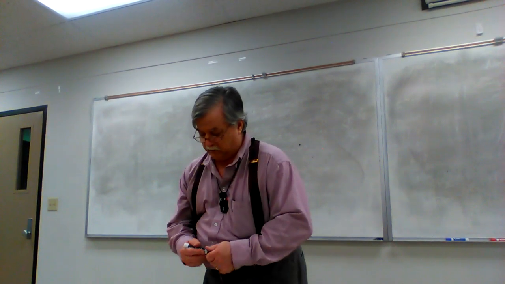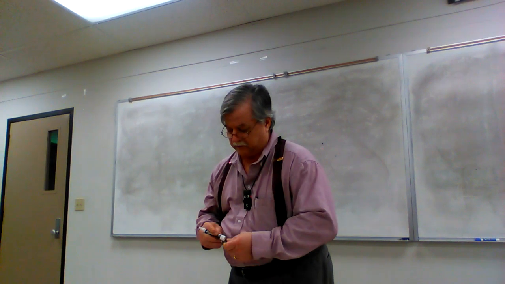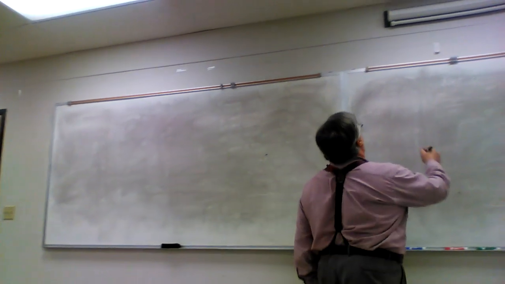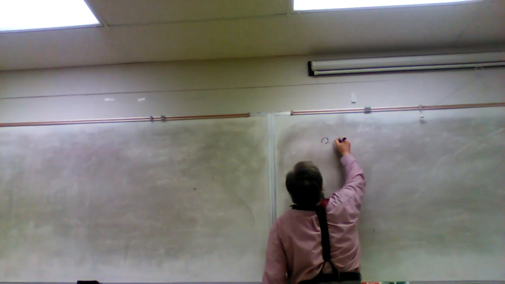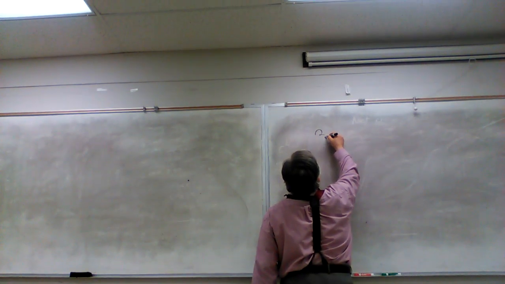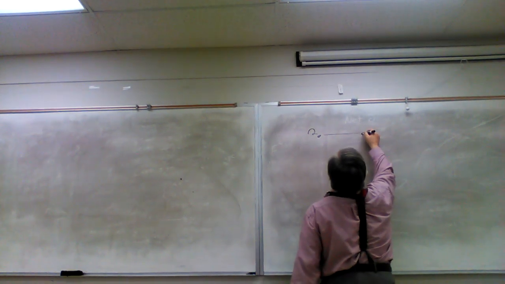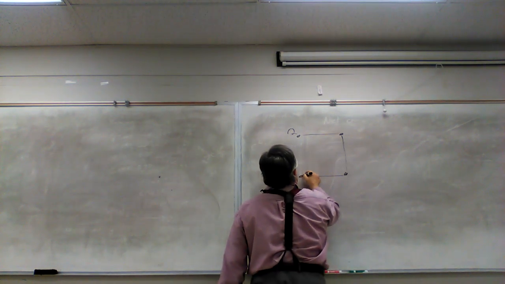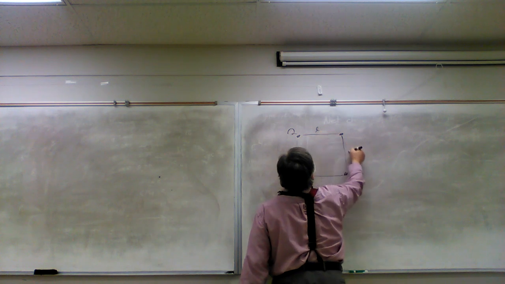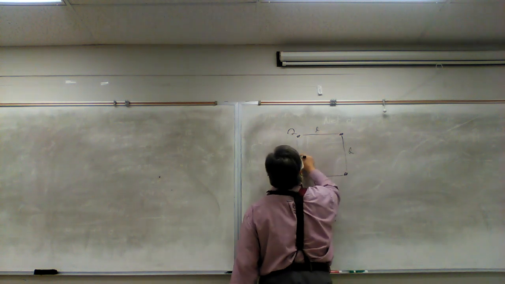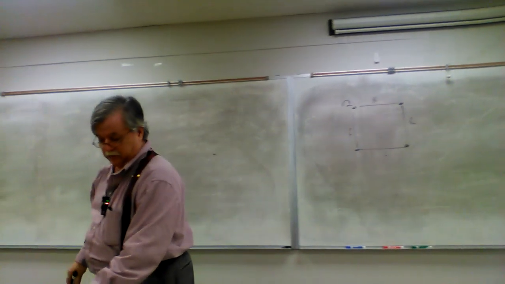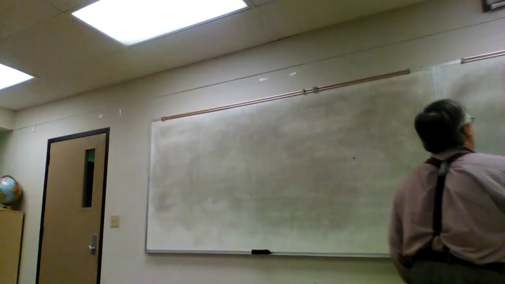Problem 15. Four charges at the four corners of a square with L on each side. We've got Q, and going clockwise 2Q, 3Q, and 4Q.